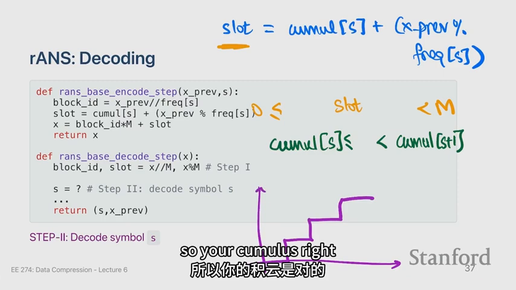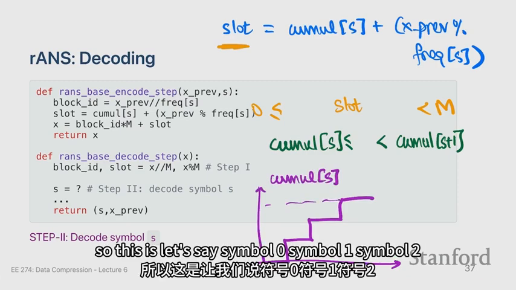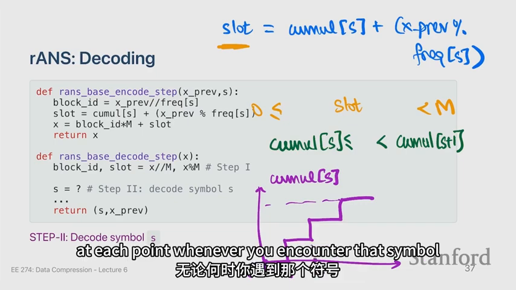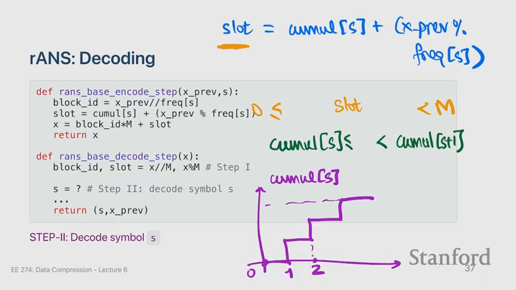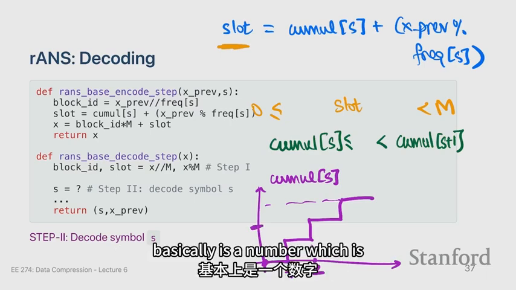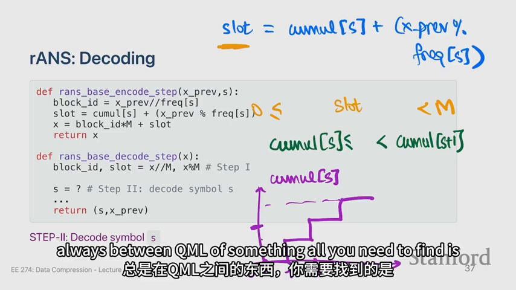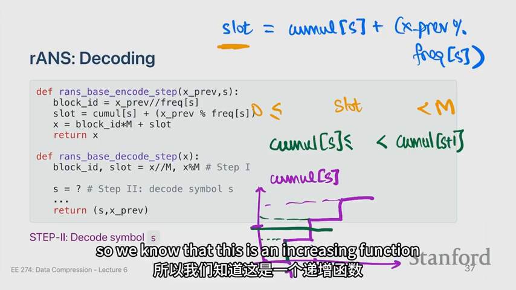So your cumulative, right? So this is, let's say, symbol 0, symbol 1, symbol 2. At each point, whenever you encounter that symbol, you are adding the frequency of that symbol, right? And so once you know that, slot is a number which is always between cumulative of something, all you need to find is the band in which the slot lies, really, right?